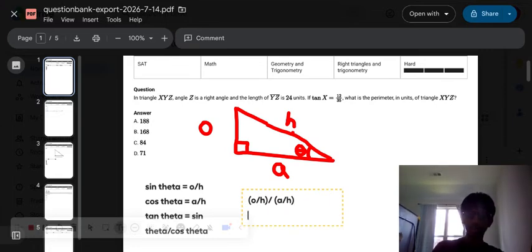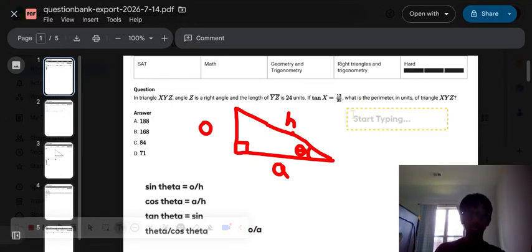And when you're dividing this, you're left with opposite over hypotenuse times hypotenuse over adjacent. Your hypotenuses cancel out, so you're left with opposite over adjacent. So your tangent of theta is equal to opposite over adjacent.